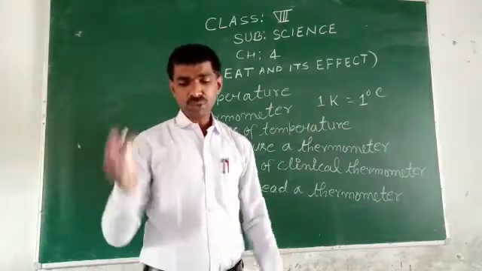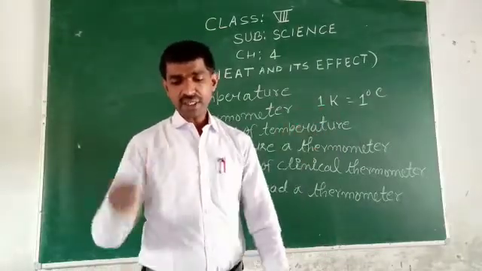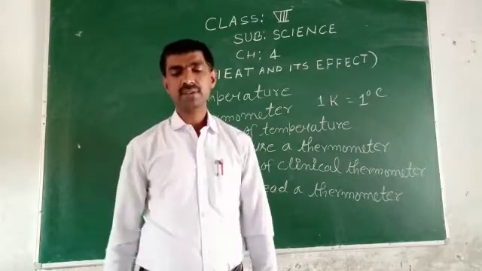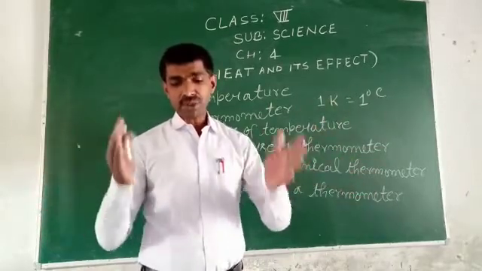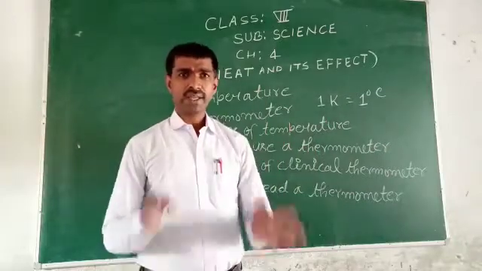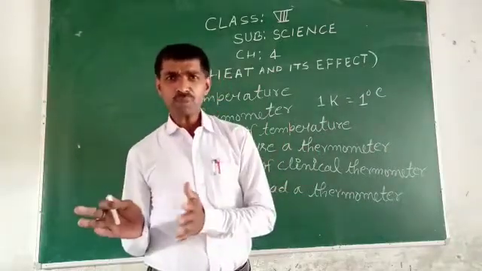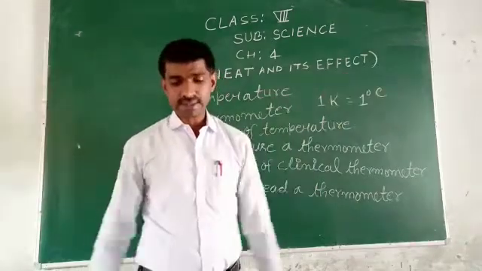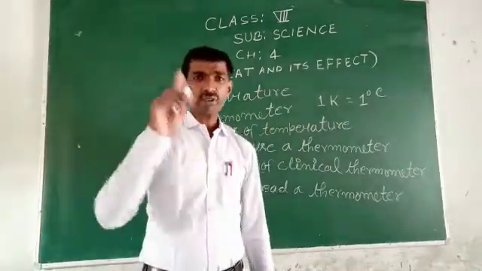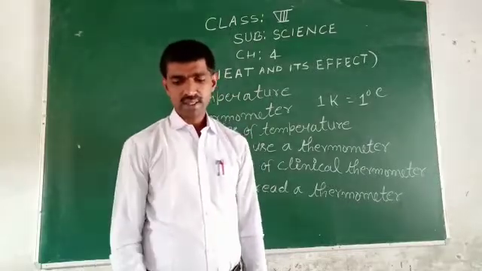The interval between the two fixed points is divided into 100 equal parts. Each part is 1 degree Celsius.